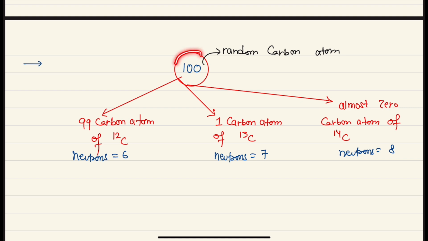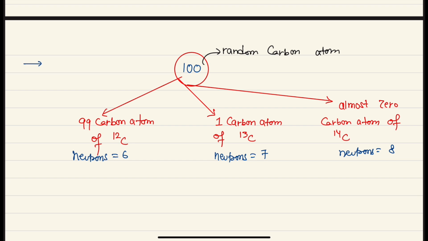So out of 100 random carbon atoms you have taken, 99 carbon atoms have 6 neutrons, one carbon atom out of 100 has 7 neutrons, and almost zero carbon atoms of 14C have 8 neutrons.